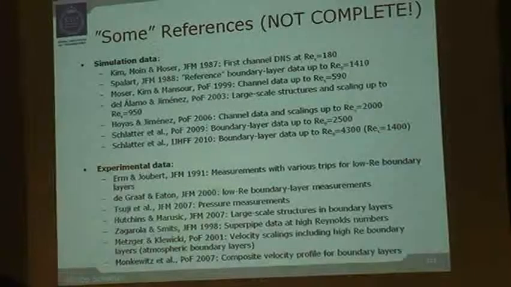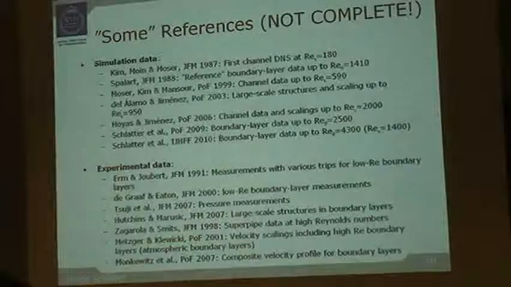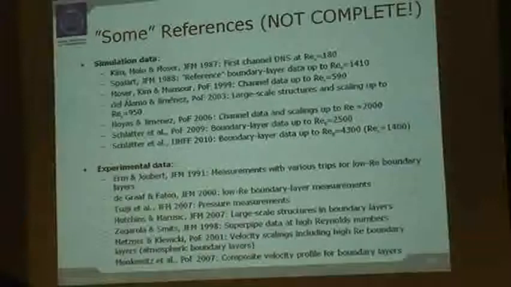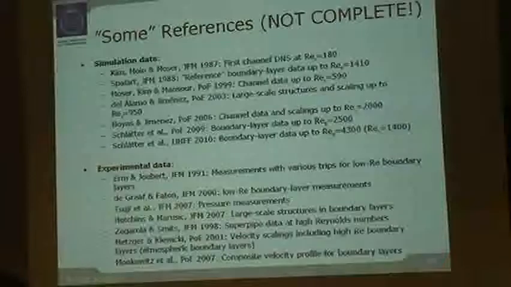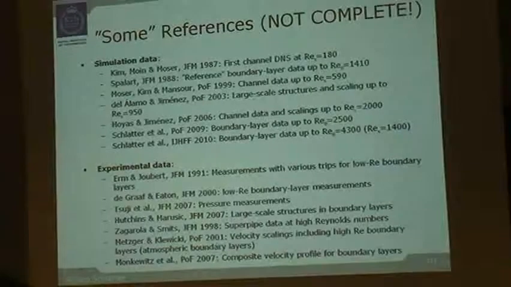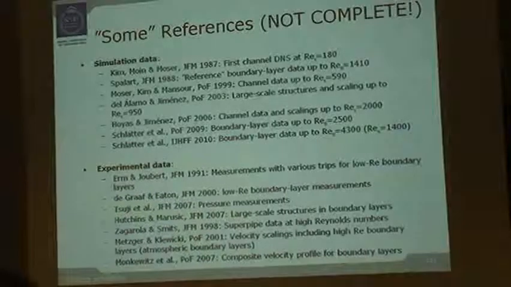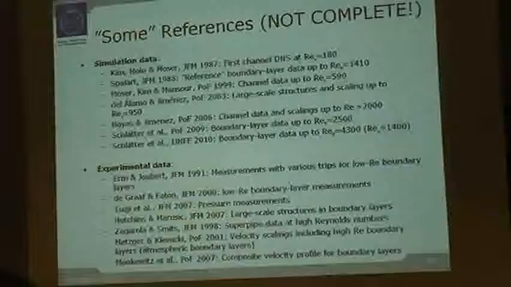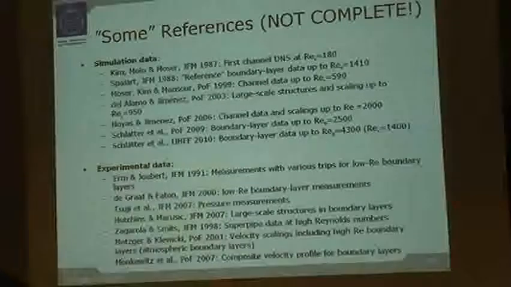This is a slide which is just listing a few references which might be useful for you when you want to compare or get some data on turbulent wall-bounded flows. It's absolutely not complete. It's just the data that I have most recently used myself to compare data.